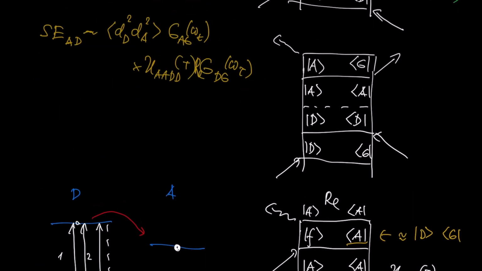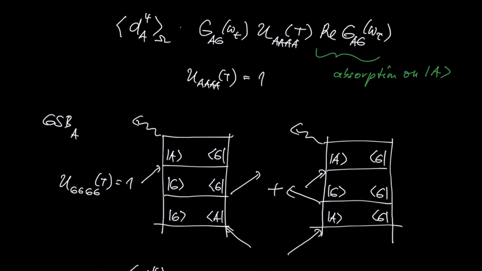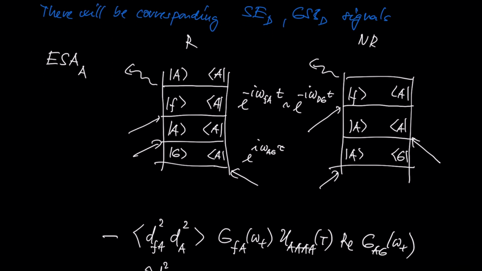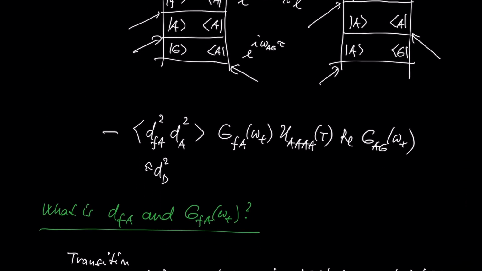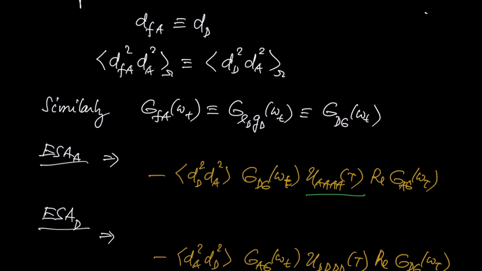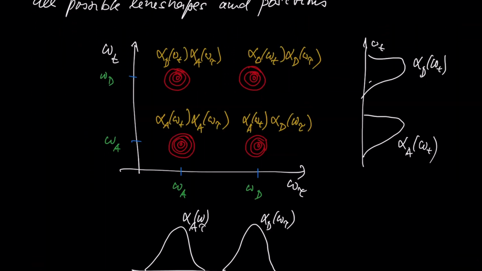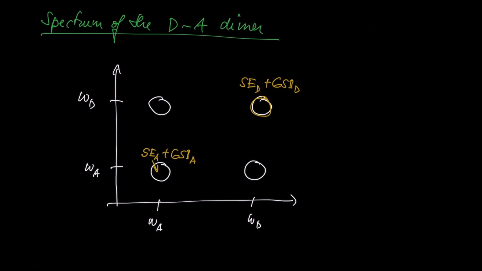So that's what we get from this first set of pathways, but right after those pathways we got the excited state absorption from A. An excited state absorption from A we have identified to start at A and end at D, and it comes with a minus. So there's gonna be minus ISA A at this spot.